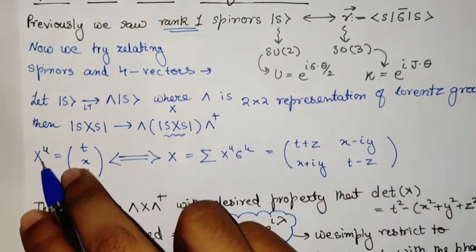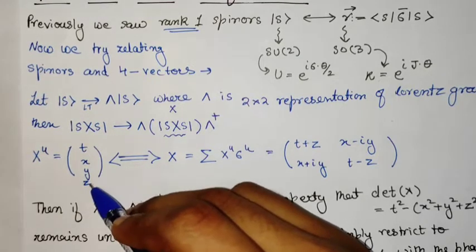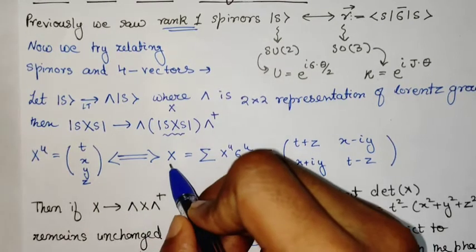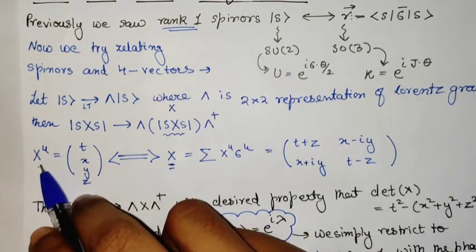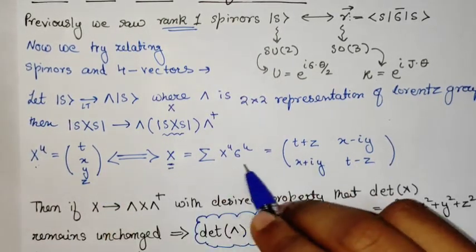Any 4 vector that has 4 components, t, x, y, z, can be encoded in the form of a Hermitian matrix X. So there is a 1-to-1 correspondence between a 4 vector and a Hermitian matrix, which can be written in this particular form.